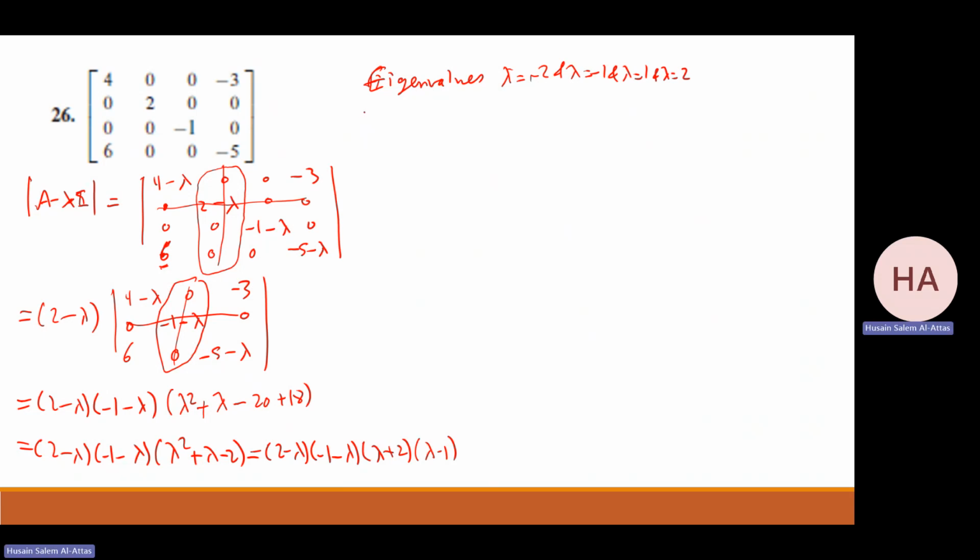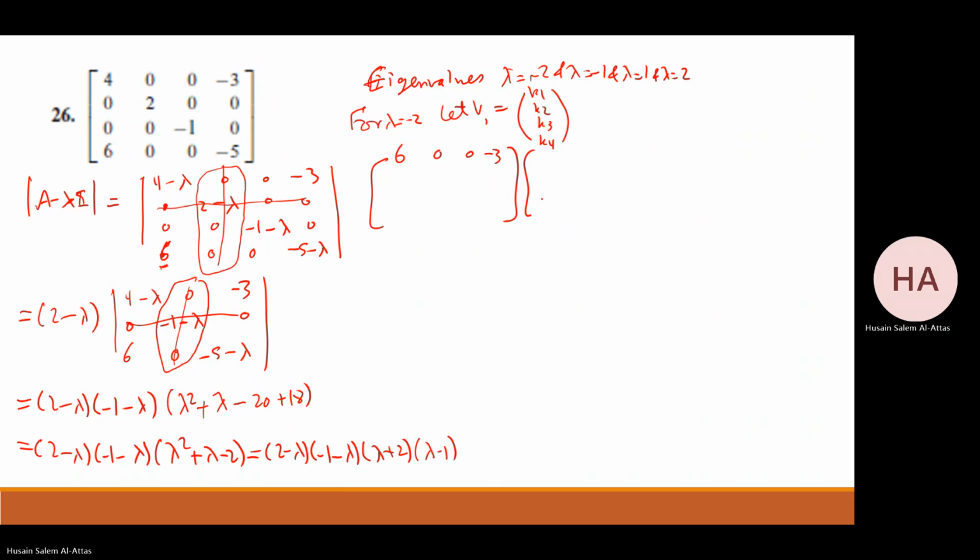Now let me do it step by step. For lambda equal minus 2, I let V1 to be this. See what will happen. Yeah, that will be 6, 0, 0, minus 3.